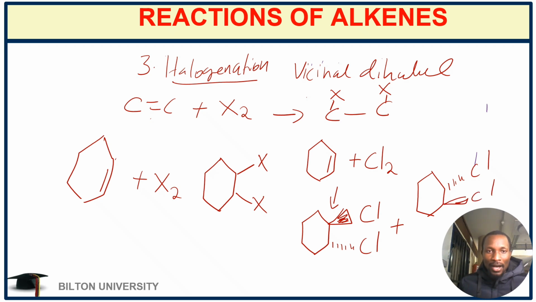So this is how halogenation of alkenes takes place. Fair enough, it's very straightforward. It forms 50-50, which is a racemic mixture, so you need to show the stereochemistry.